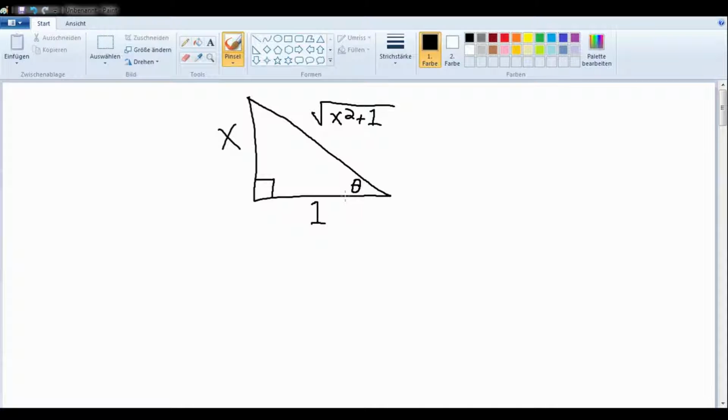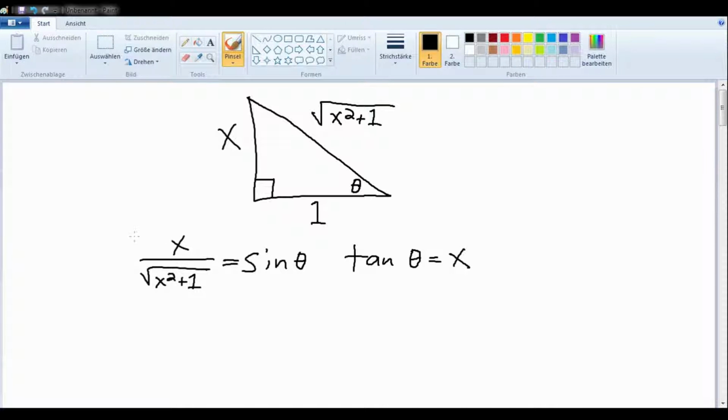So what we want to relate is arctangent and arcsine. So let's take tangent of this angle, and that would give us opposite over adjacent, right? X over 1, I'll just write x. And the sine of this angle. So the sine of theta would be opposite over hypotenuse, right? So x over the square root of x squared plus 1.